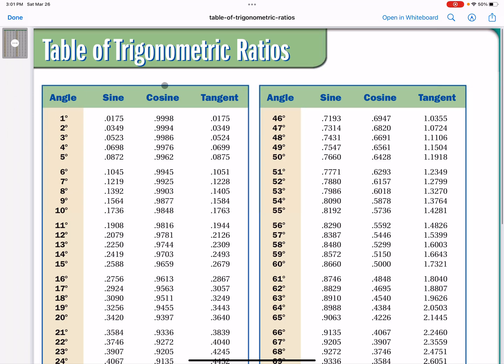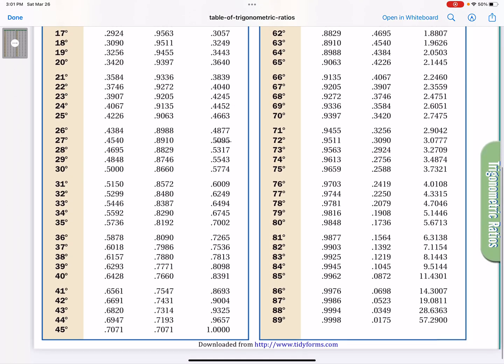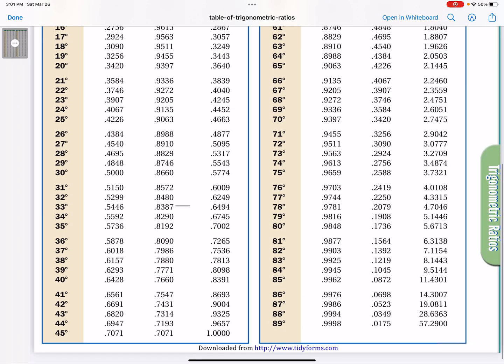Second column is sine, third is cosine, and the last one is tangent. If I go to 32, the tangent of 32 is actually equal to 0.6249.